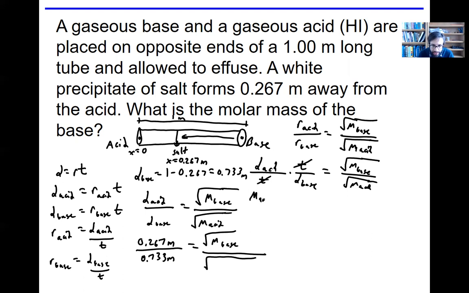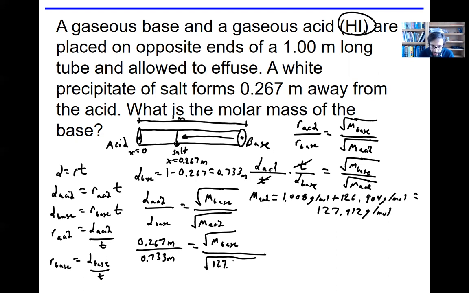We know what the acid is. It's hydroiodic acid. So we can calculate the formula weight. It's 1.008 grams per mole for hydrogen, looking at the periodic table. And then for iodine, it's 126.904 grams per mole. And so your ending molecular weight is 127.912 grams per mole.